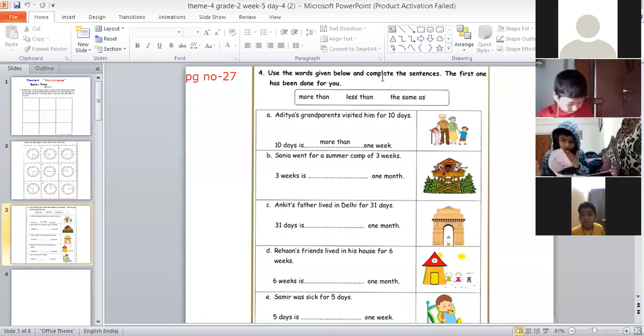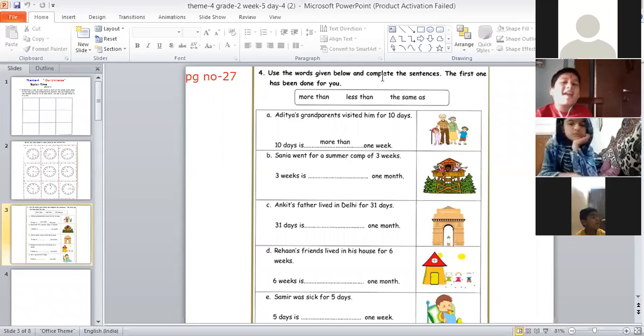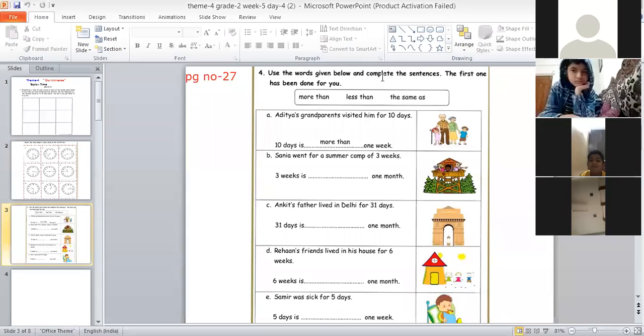So in a normal year, there are 365 days, and in a leap year, there are 366 days.